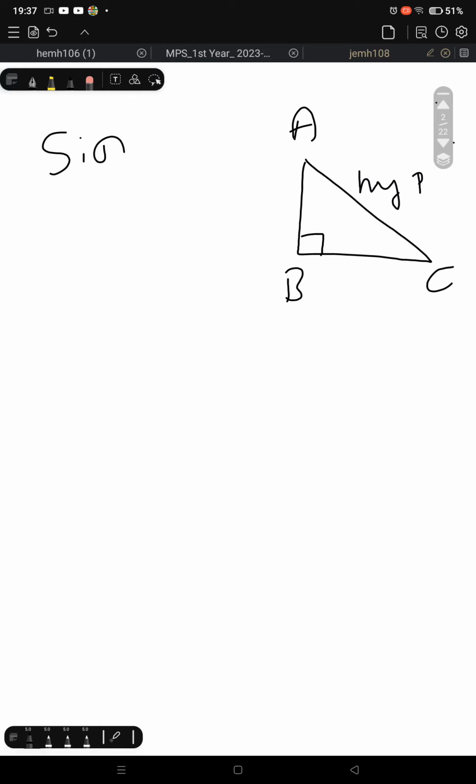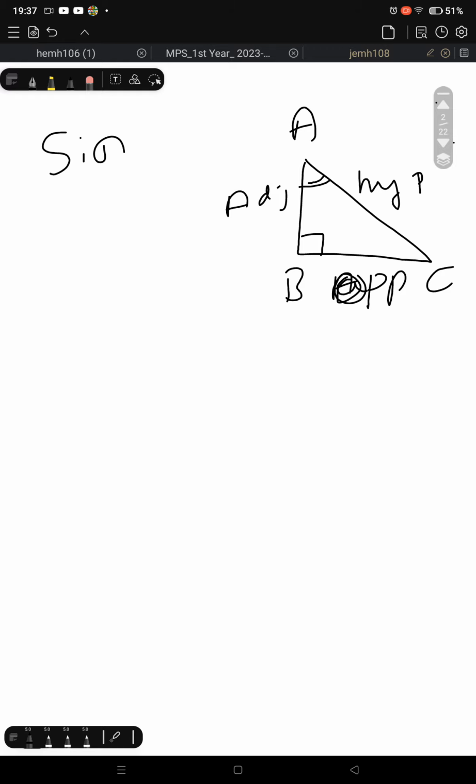Yes. So we will consider angle A, the main angle. Okay, so this will become opposite and this will become adjacent. Yes or no? Yes.